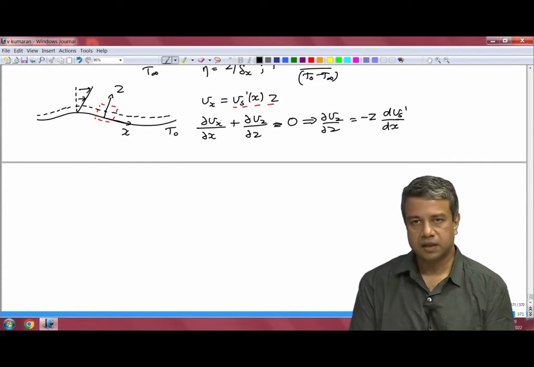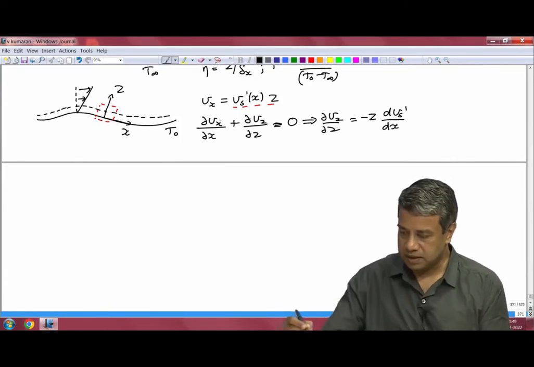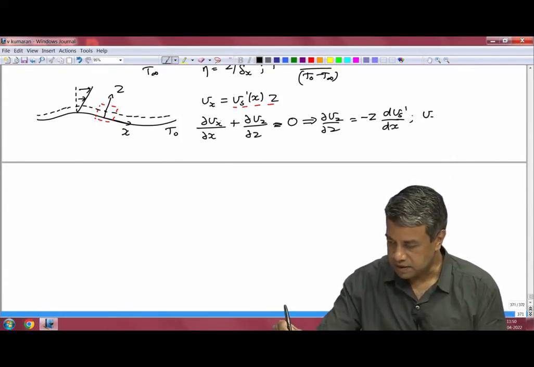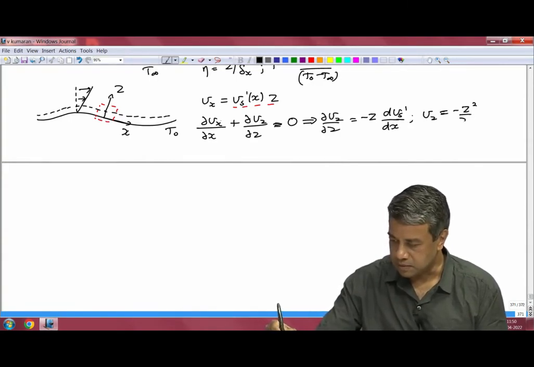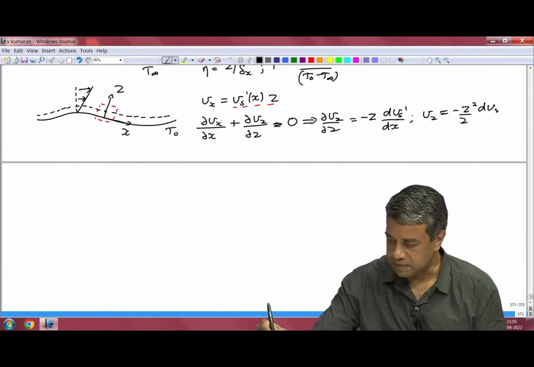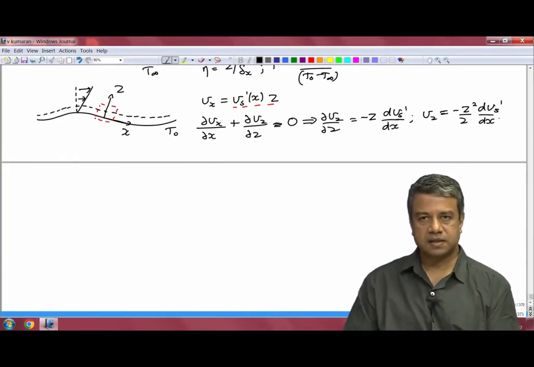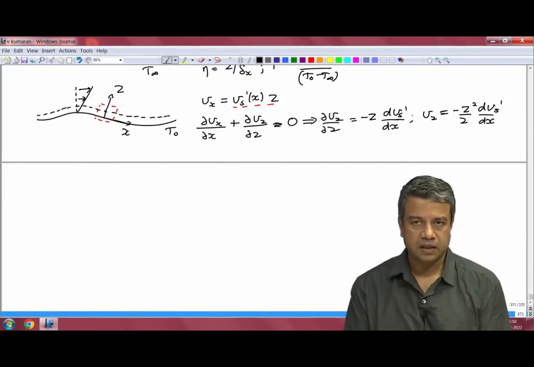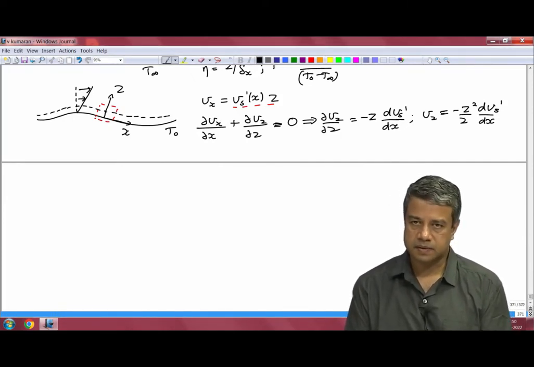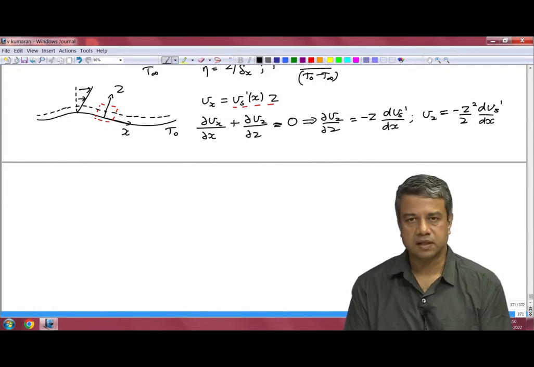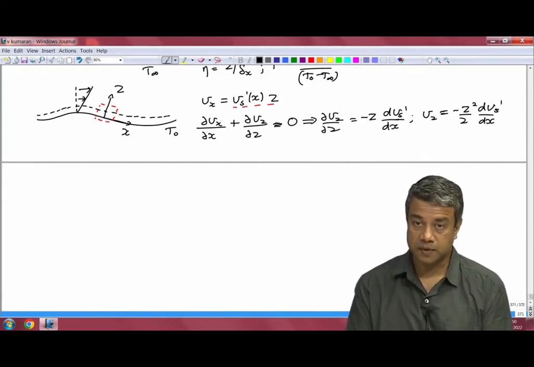Okay. And if I integrate this once, I will get Vz is equal to minus z square by 2 dVs prime by dx, plus a constant of integration. That constant of integration has to be 0, so that the velocity is 0 at the surface, the no penetration condition.